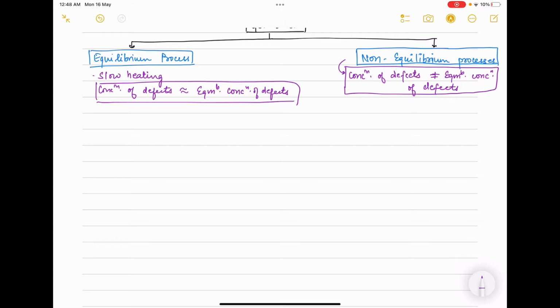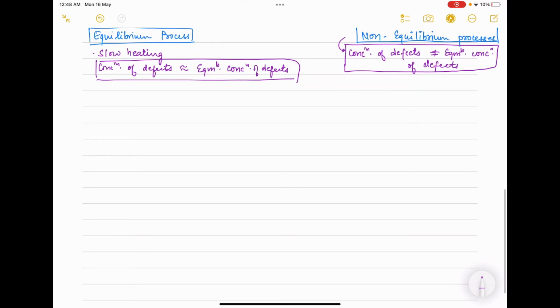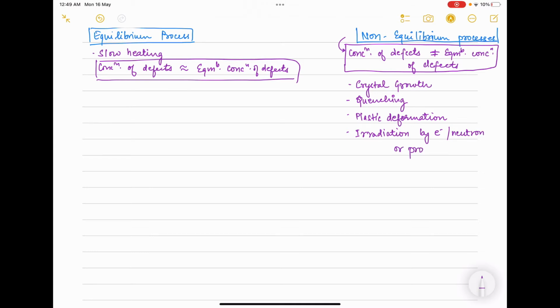Okay, so now the different types of non-equilibrium processes are crystal growth, quenching, that is very rapid cooling from a high temperature to a low temperature, then plastic deformation, then irradiation by electron or neutron or protons, so this would lead to ejection of atoms from the crystal system.